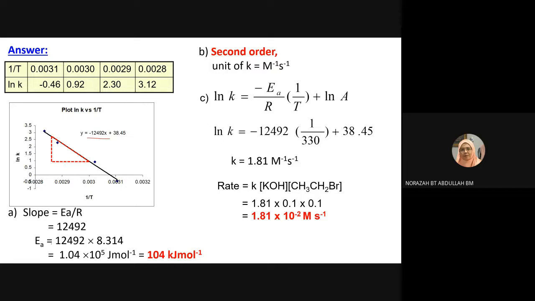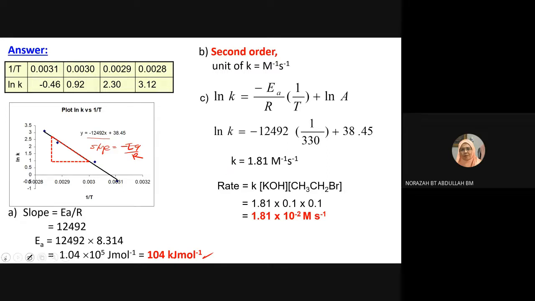Jadi untuk mencari nilai activation energy, slope tu adalah negatif EA over R. So nilai slope multiply dengan R memberikan nilai activation energy dalam joule. Kemudian convert dalam kilojoule. Okay, bahagi dengan 1000. So dapat nilai yang diberikan ni.